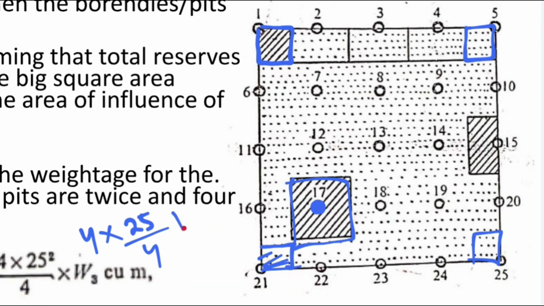Plus there are 12 areas of influence, 3, 6, 9, 12, with 25 square meter by 2, because this is by 2.